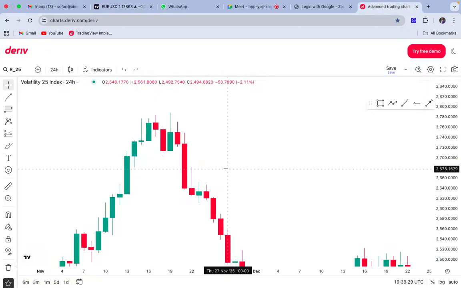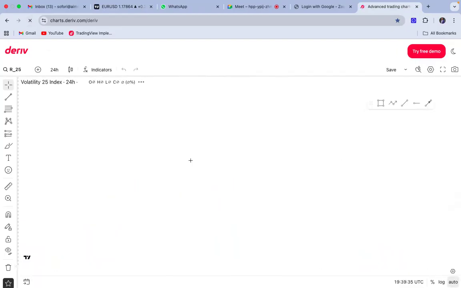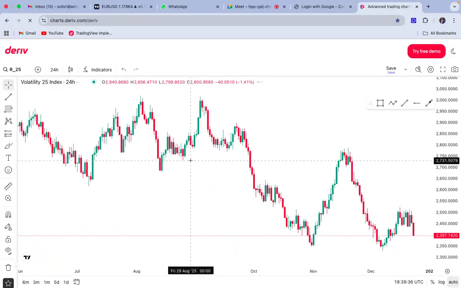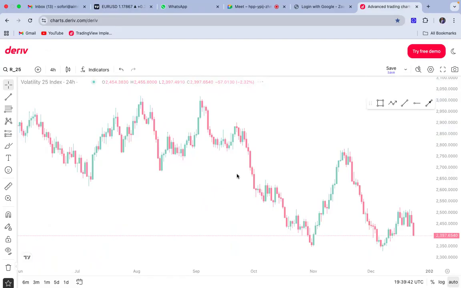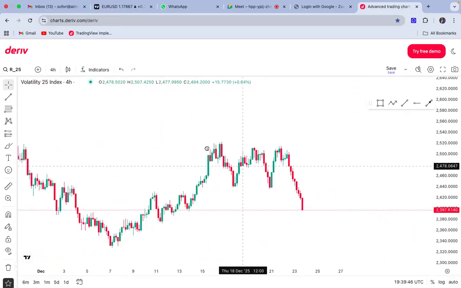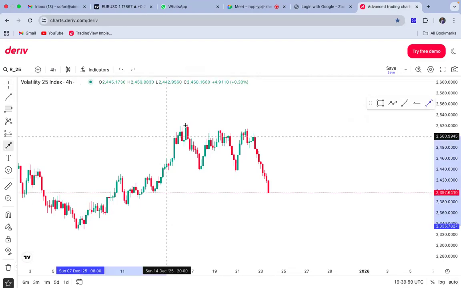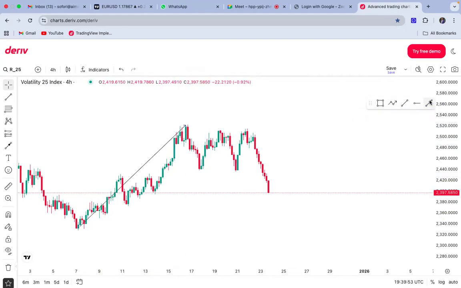All right, let me look at Deriv synthetic indices to see if I have a clear example. Okay. So we see that from this side, we had the market going up. And then as it stands now, the market is going down.